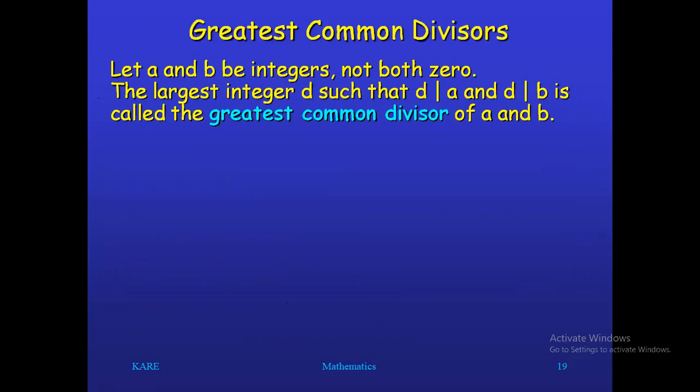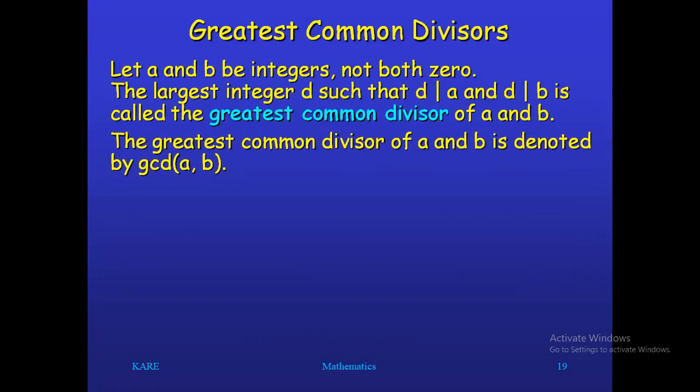So the greatest common divisor is denoted by gcd of a comma b.